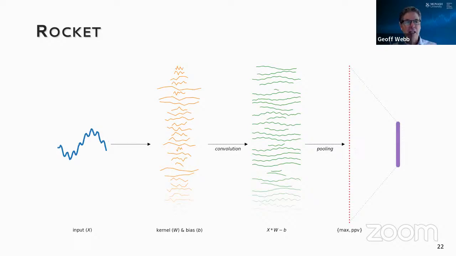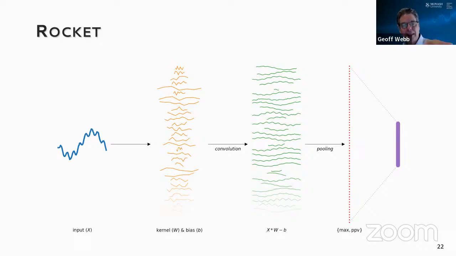So you can visualize Rocket like this. You have an input. We then have a large number of random kernels, each associated with a random bias.